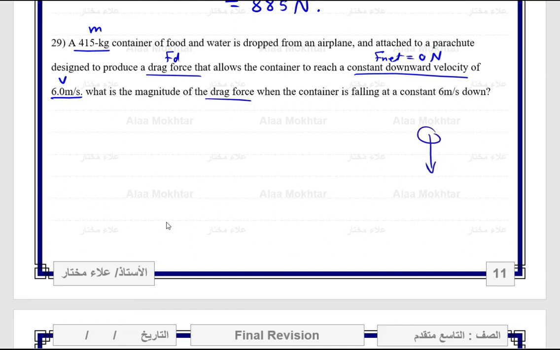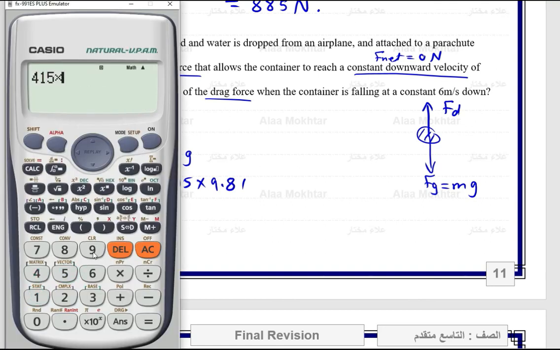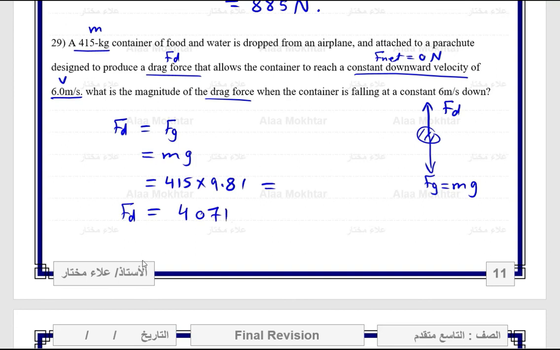When the object falls down, there is a downward force Fg, equal to m times g, and there is an upward force, Fd, the drag force. Drag force Fd equals Fg, which means m times g. 415 times 9.81, the answer is 4071 Newtons.